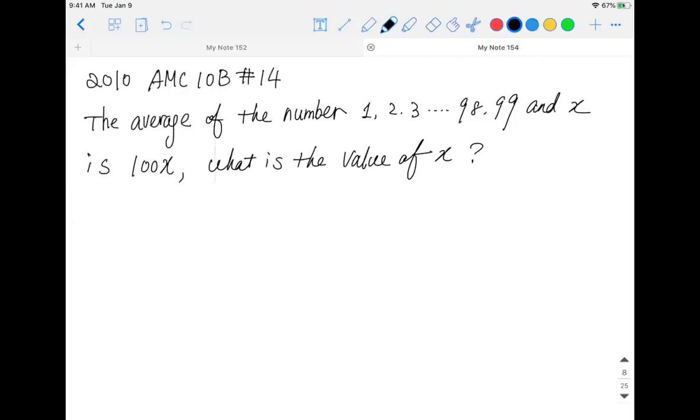The average of the numbers 1, 2, 3, all the way to 98, 99, and x altogether is 100x. So please determine the value of x. This is an easy peasy question. Everyone, I wish you guys pull out a pen, do some calculation. So wake up calculation. Okay, tell me what's the value for x.